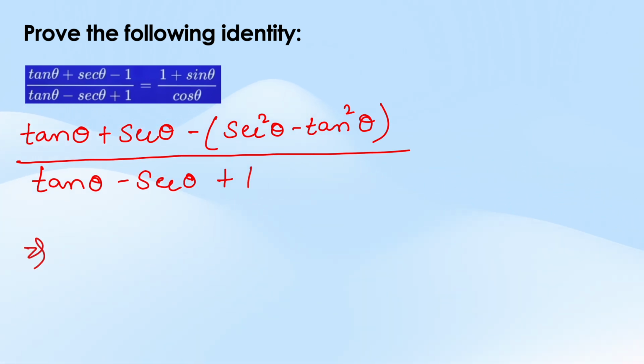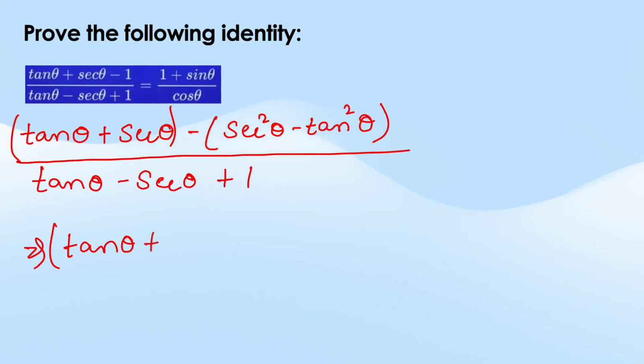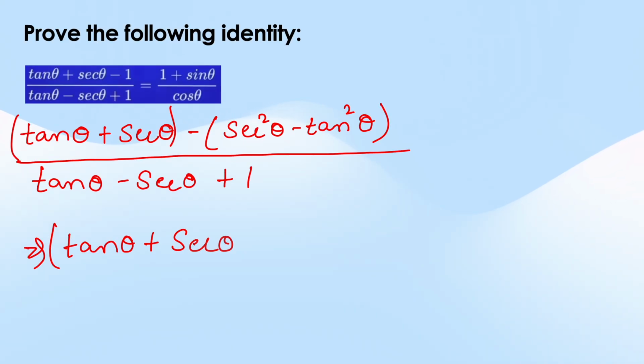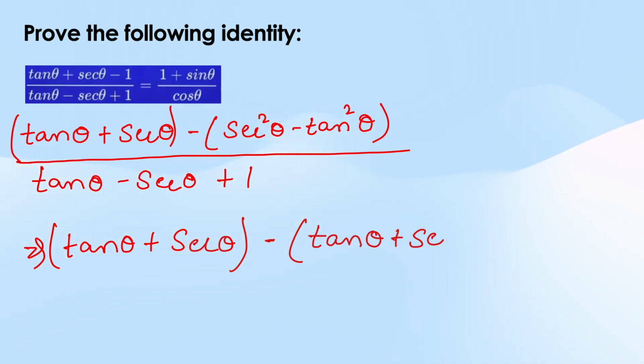Now, again, this is a square minus b square type of thing. So, a plus b, a minus b. Let's open it. This will remain same: tan theta plus sec theta, minus sec theta plus tan theta and sec theta minus tan theta.